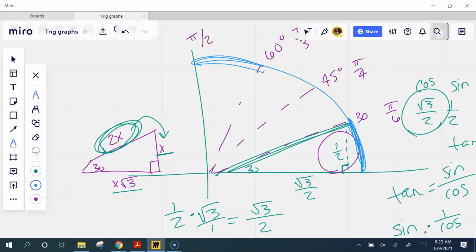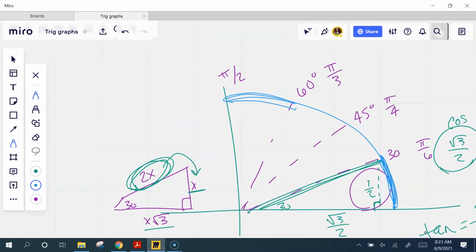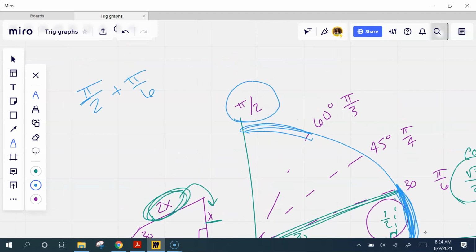Same here. So I need to take pi over 2, and to that I'm going to add the pi over 6 value, right? Because that's the width. That's this arc length here is pi over 6. Do you agree? Not the arc length, but that's the degree there. Okay, so if I add pi over 6 to that, well, now I'm back in pre-algebra, 8th grade math, where I have to have a common denominator to combine them.